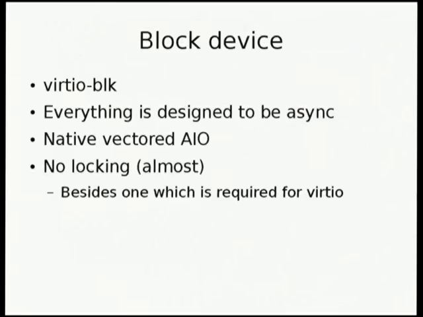The implementation for block device we have is a simple implementation for Virtio block. The design there is asynchronous using native vectored asynchronous I/O, which is as fast as it gets on Linux without going into the kernel. We use the entire interface that the kernel provides us, and we do it just as efficiently as it gets.